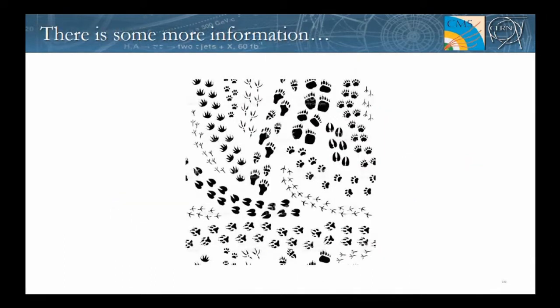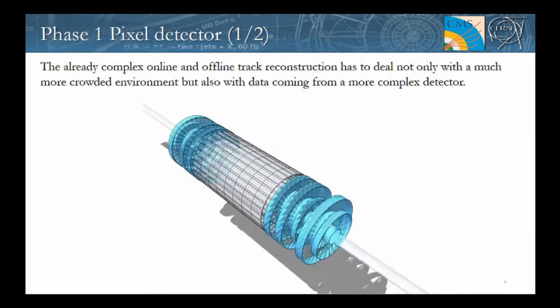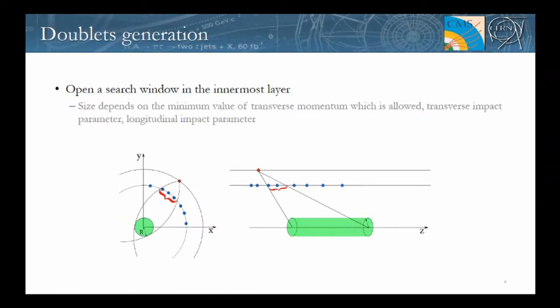Now, if you want to do pixel tracking and you are stuck with just geometrical information, you end up with a pileup with a lot of combinatorics, because in this search window you will find hundreds of hits.